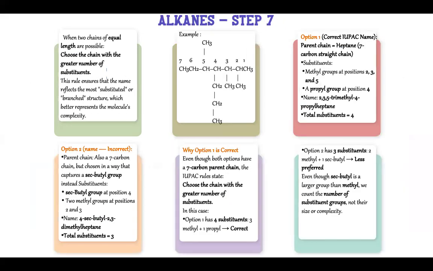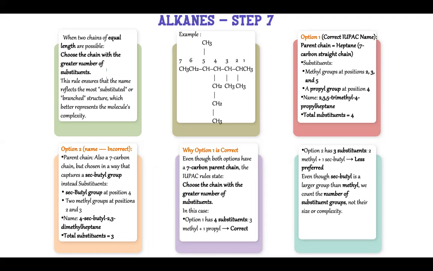Then we go through to step 7. What is the condition for step 7? When two chains of equal length are possible, choose the chain with the greater number of substituents. This will ensure that the name reflects the most substituted or branched structure, which better represents the molecule's complexity.